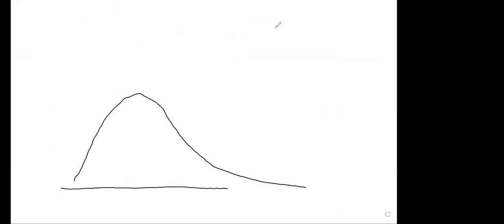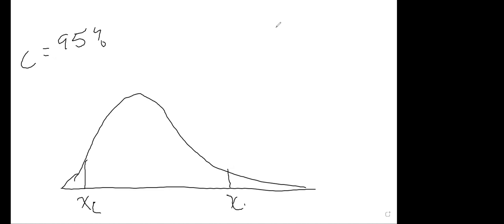So this is an idea of how the chi-square distribution looks. If C is equal to 95%, we will have a chi-square here and a chi-square here. Some people call it chi-square left and chi-square right.